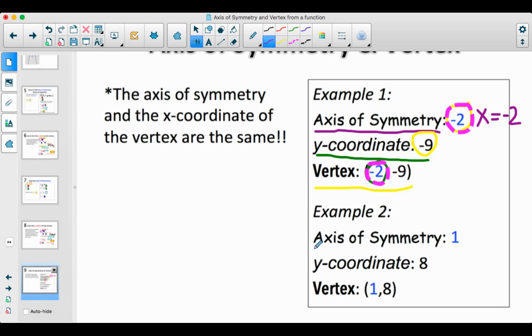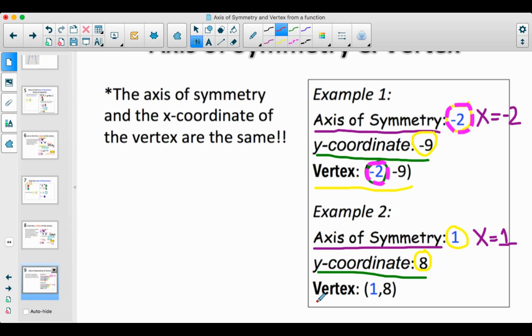So the axis of symmetry for the second example we got was 1. Our answer was x equals 1. We then used that 1 and we plugged it into the function to solve for y. And we found that y equals 8. Then we took the two numbers we got, we took 1 and 8, we put them into an ordered pair as our vertex.